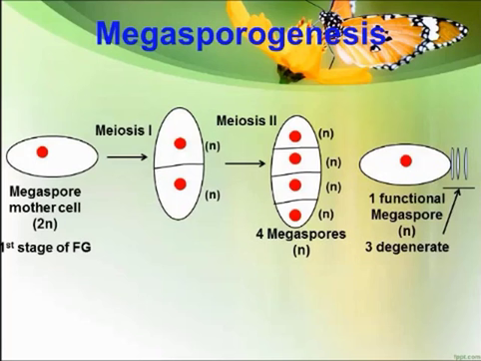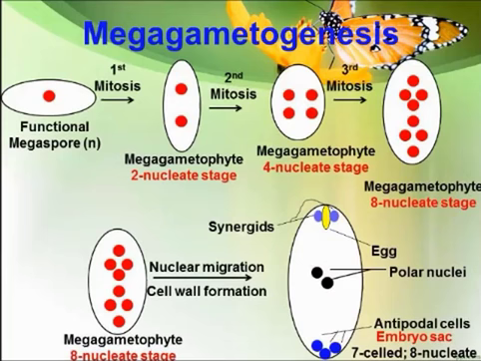Remember. Now, you must be wondering, what is the fate of this surviving megaspore? So, this surviving functional megaspore subsequently divides mitotically first to form a 2-nucleated megagametophyte stage.